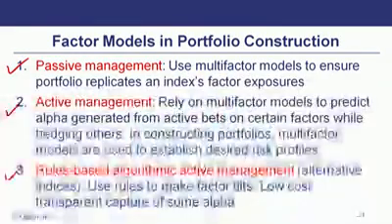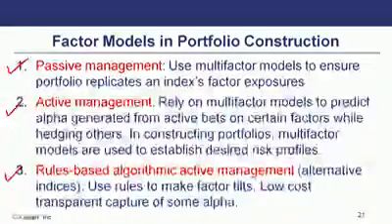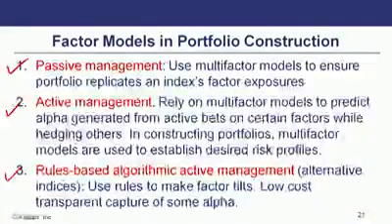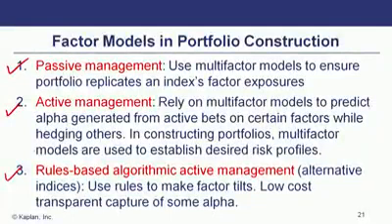And there's also rules-based algorithmic active management. I sort of lumped the enhanced indexers in here, but what that would say is that we have some rules that lead us to factor tilt. So when factor X becomes so much bigger than factor Y, then we change weighting, those types of things.